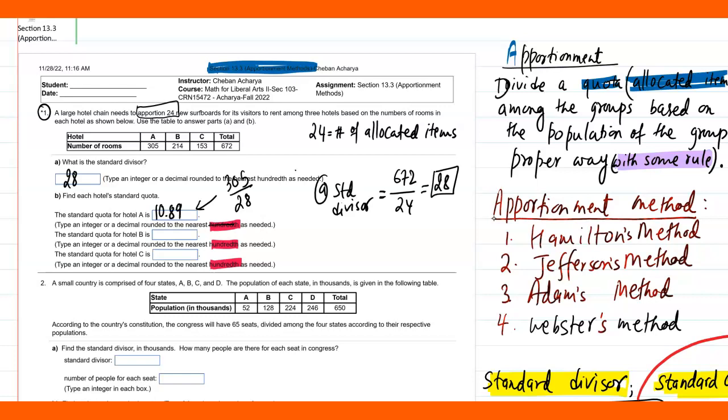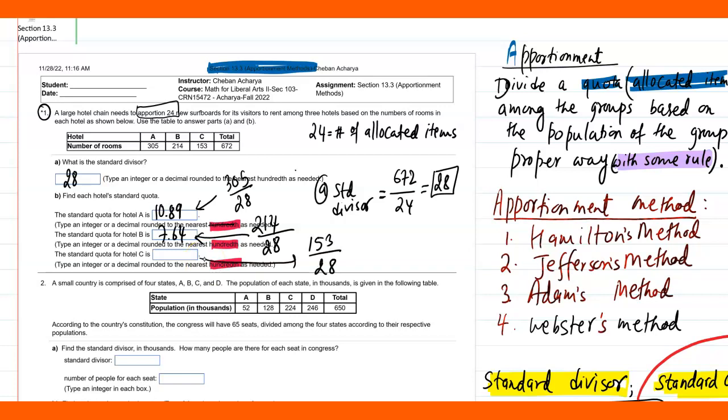For the standard quota for hotel B, you do the similar. You divide 214, which is the population of group B, by 28, and round it to 2 decimal places, you get 7.64. Okay. For the standard quota for hotel C, you divide 153 by 28.